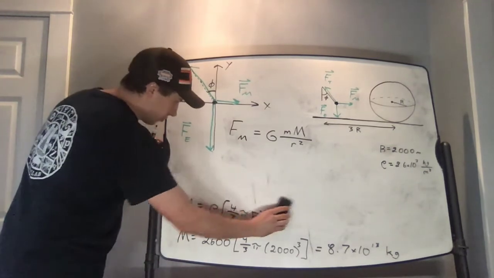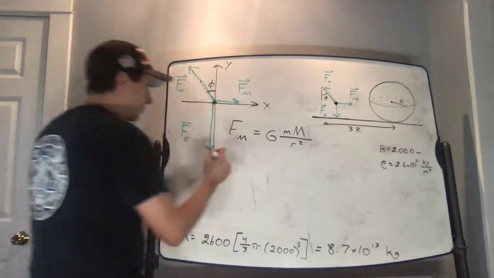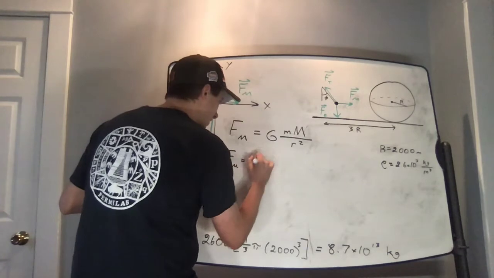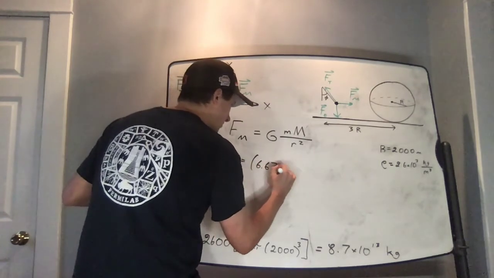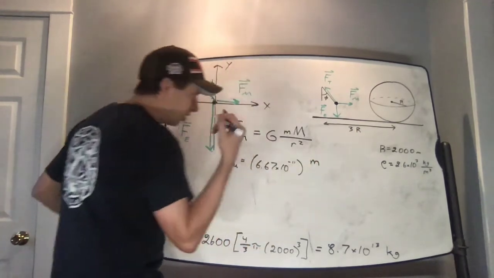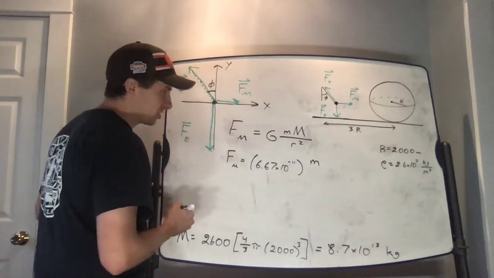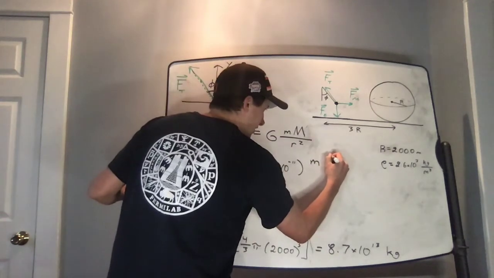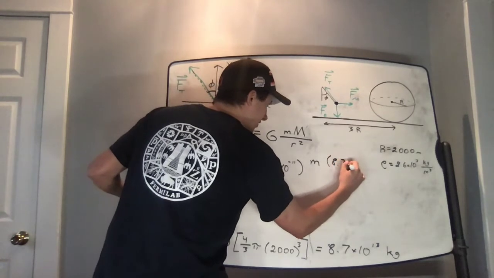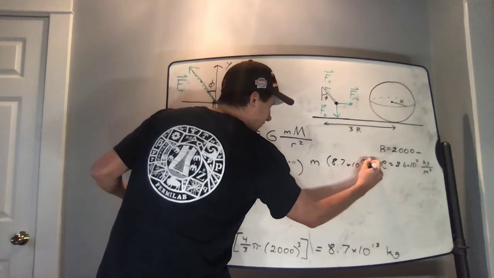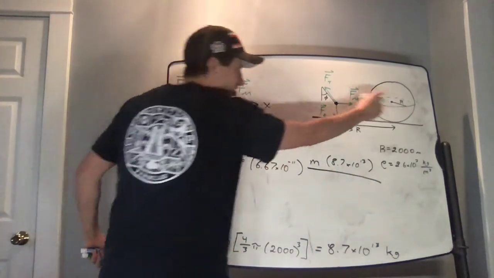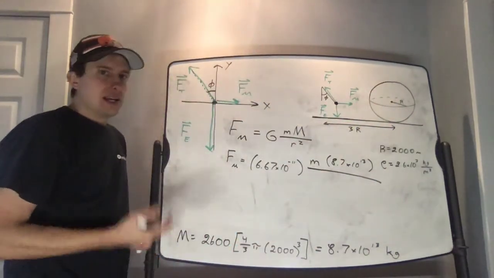So I could then write that the force of gravity from the mountain is given as 6.67 times 10 to the negative 11 times the mass of the small object that is tied to the string times the mass of the entire mountain itself, this really big number, 8.7 times 10 to the 13, divided by the distance from the mass tied to the string to the center of the mountain.